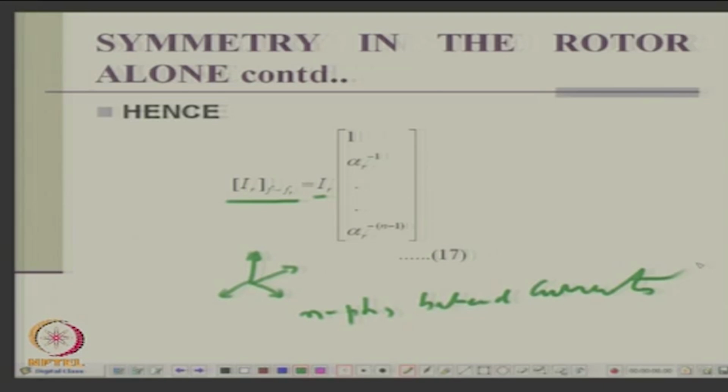So, they will all be in this phase, say R1, R2 etcetera, and it will come out as balanced currents.